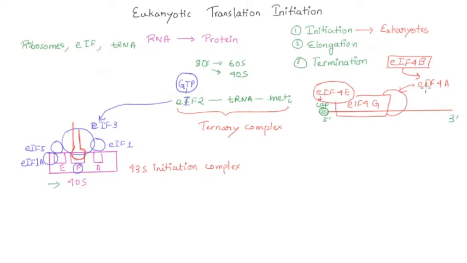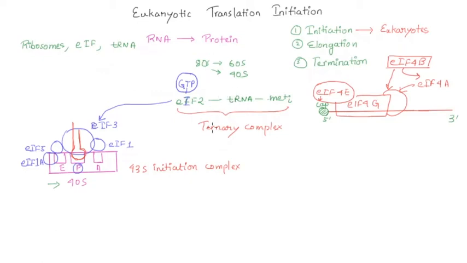So EIF4B stimulates EIF4A, that is, it is stimulating this initiation factor, and if there are any secondary structures, let's say you have a secondary structure over here, this secondary structure would be degraded by the helicase activity of EIF4A, which is stimulated by the EIF4B.